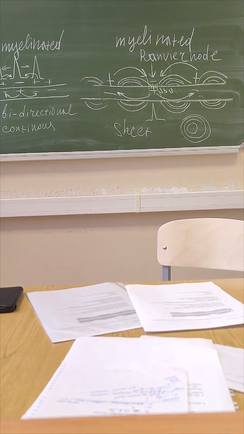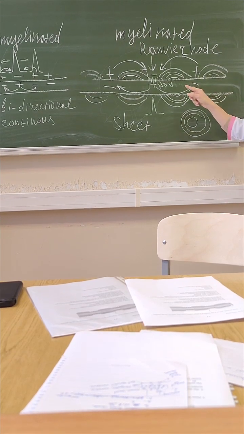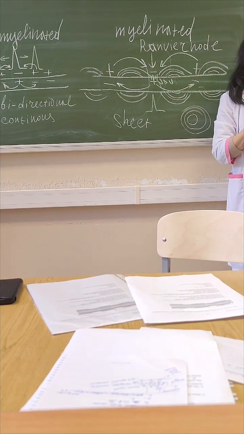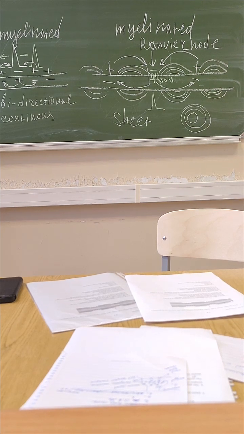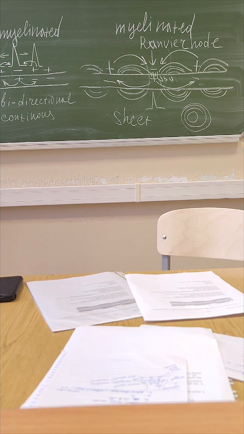Where are potassium voltage gated channels located? Mostly under the myelin sheath. It's special knowledge, not important for us.